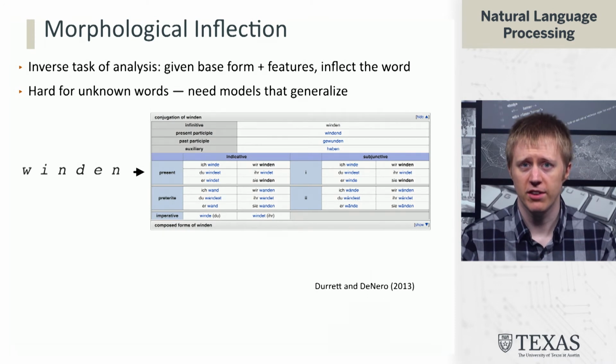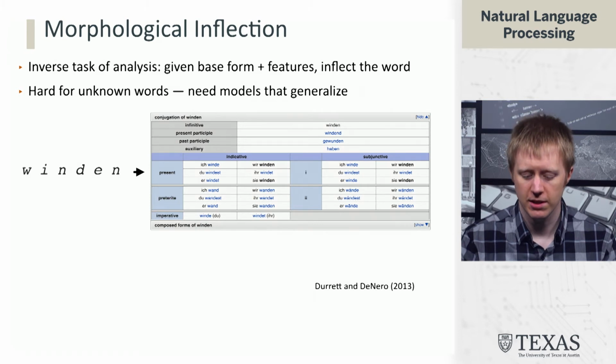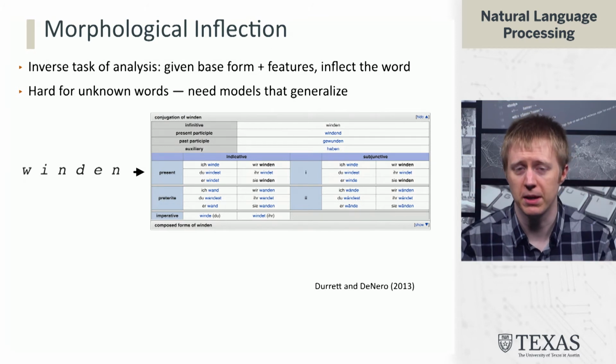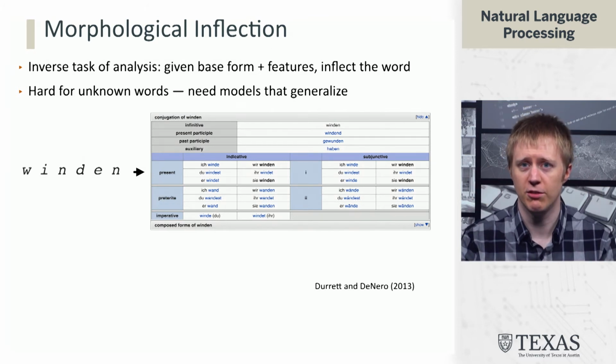I did some work on this at Google with John De Niro. Basically the approach was to treat this as a supervised learning problem where we would convert a so-called paradigm, one of these big tables, into a set of transformation rules, and then predict, given a word like vinden, which of the transformation rules applies in order to inflect it.